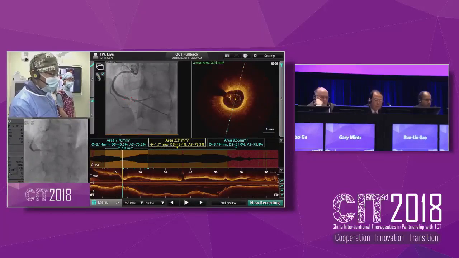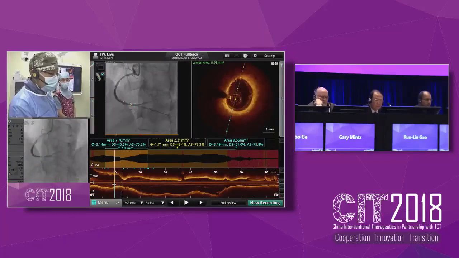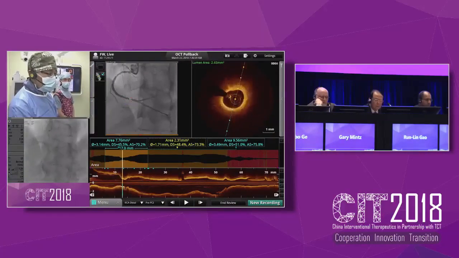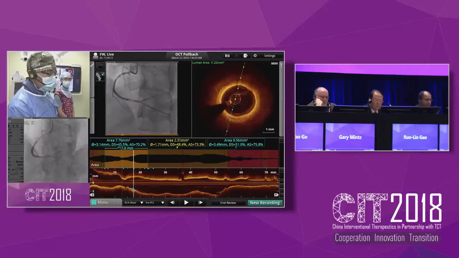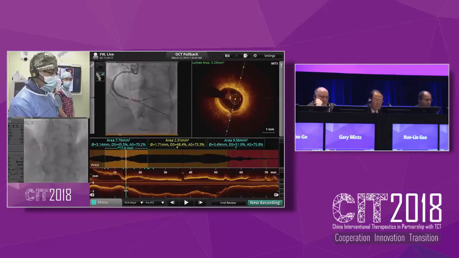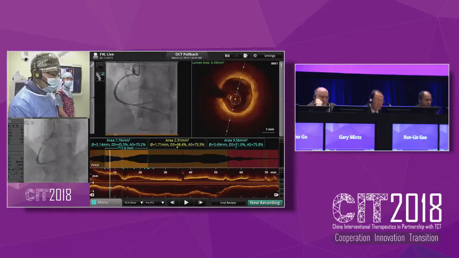The minimal lumen area is 2.3 square millimeters, and there is no significant calcium, just fibrous plaque. We will identify the distal and the proximal landing zone. Here is the distal landing zone.